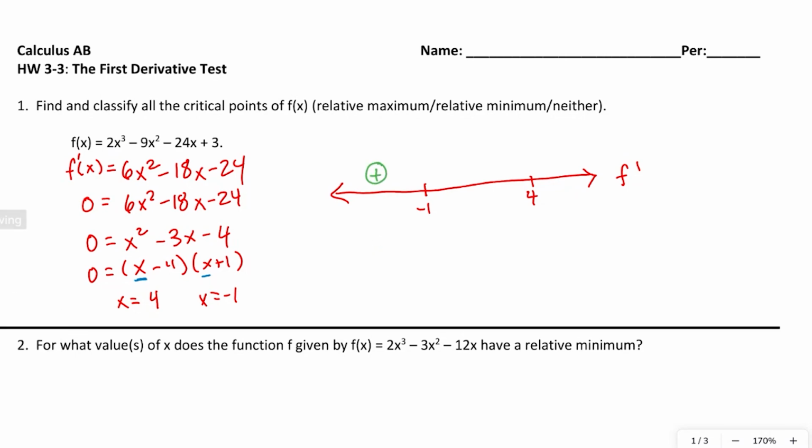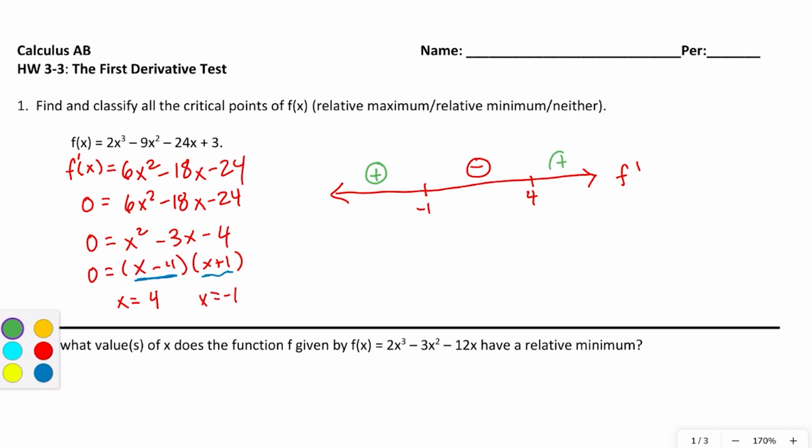Then we can plug in a number in the next interval. We might choose something like 0, which would be easy to compute. If I plug in 0, I'll have a negative here times a positive, and a negative times a positive is negative. Then to the right of 4, I can pick a number like 10 and substitute that in here, and I'll get a positive times a positive, which is positive.